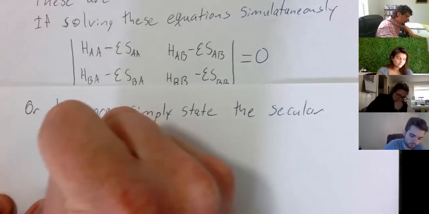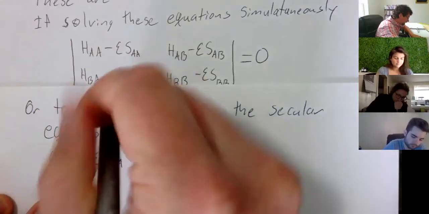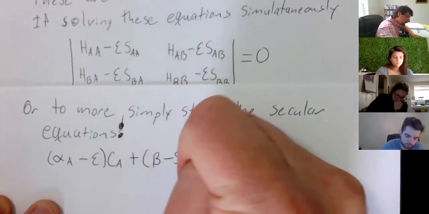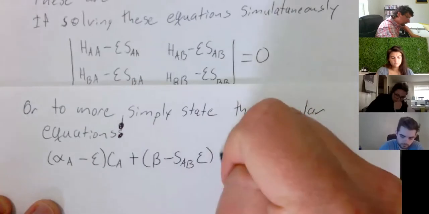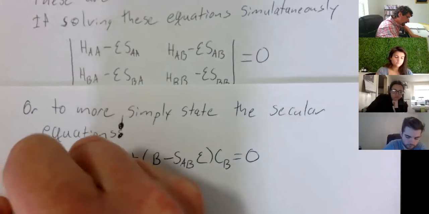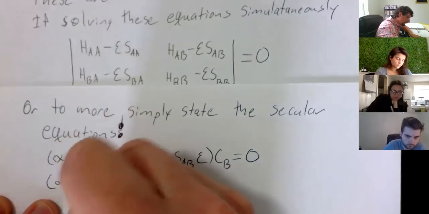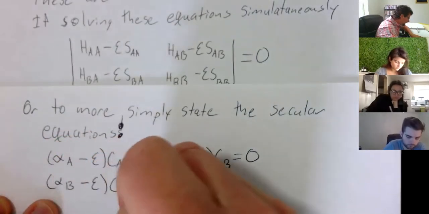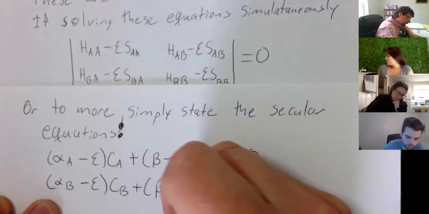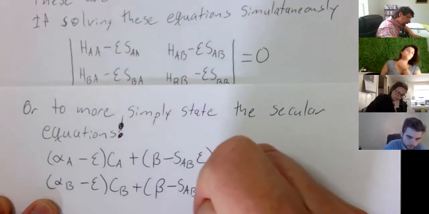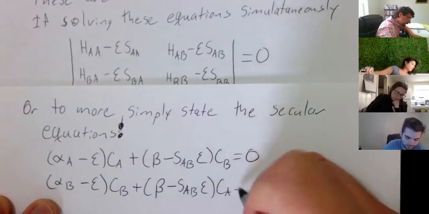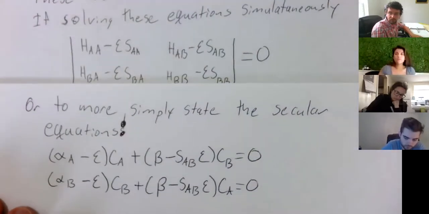Alpha A minus epsilon CA plus beta minus SAB epsilon CB is equal to 0. Alpha B minus epsilon CB plus beta minus SAB epsilon CA is equal to 0.